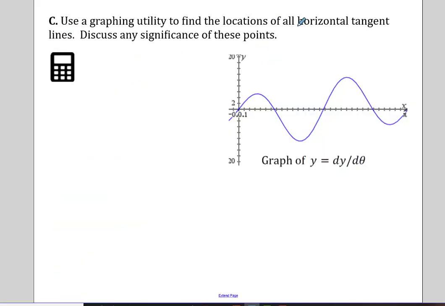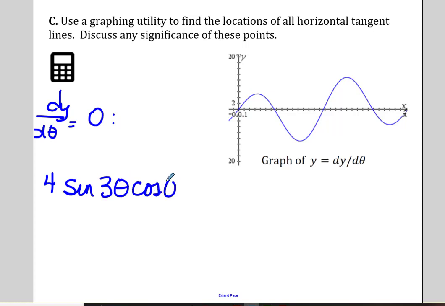Now, for the last piece, if we use a graphing utility to find the locations of all the horizontal tangent lines and discuss any significance of this point. So what I did was I took dy/d theta equals 0. That was my 4 sine 3 theta cosine theta plus 12 cosine 3 theta sine theta. So I took my dy/d theta, my numerator, and set it equal to 0.